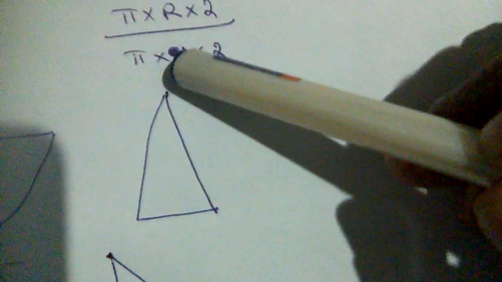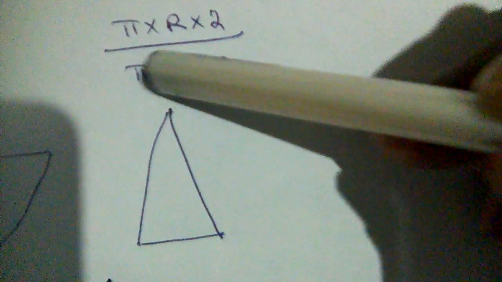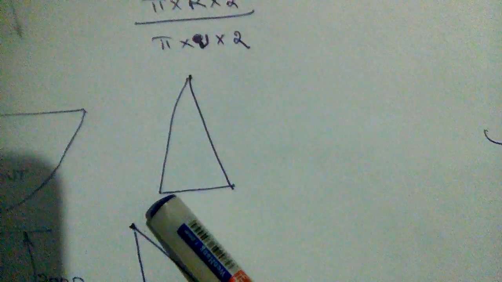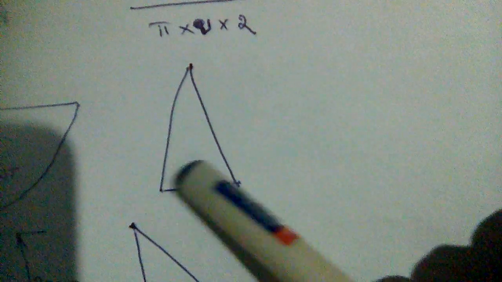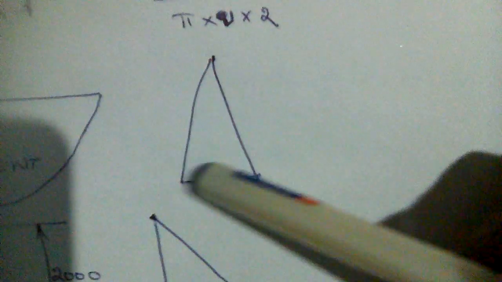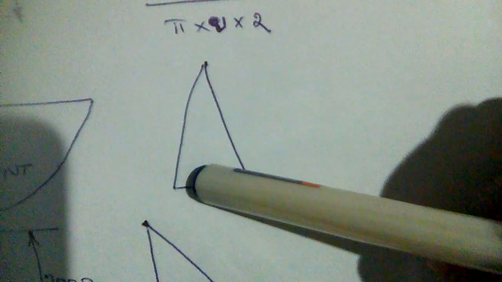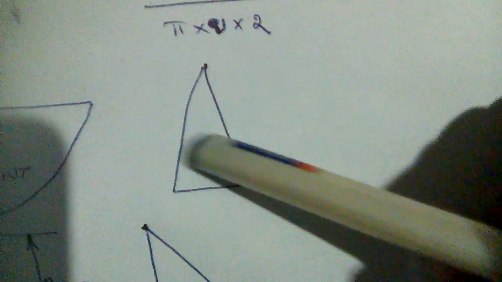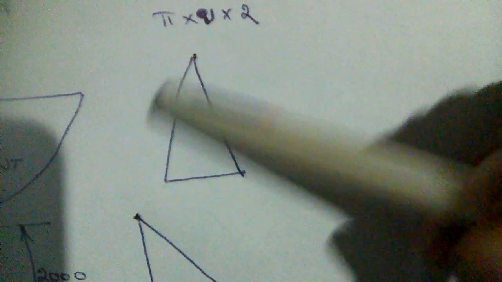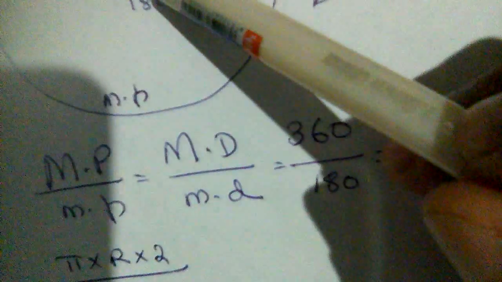And for finding out the bottom side r, pi into r into 2, we will use this line's half. It is very small. So if we find out this kind of cone, its development won't be 180 degree.